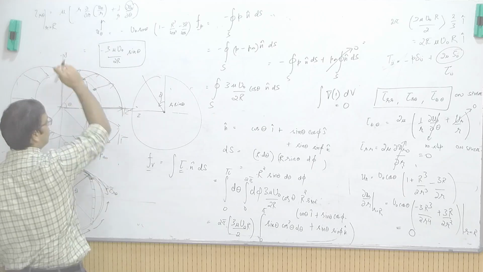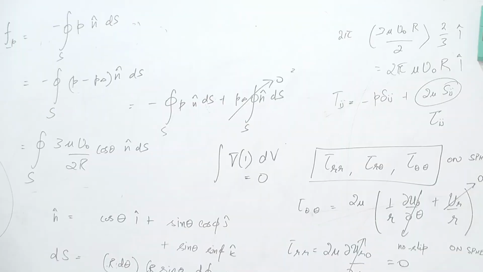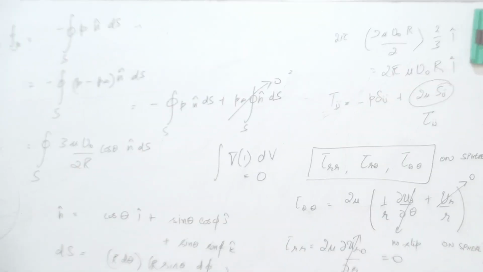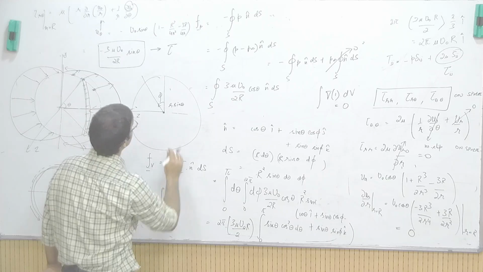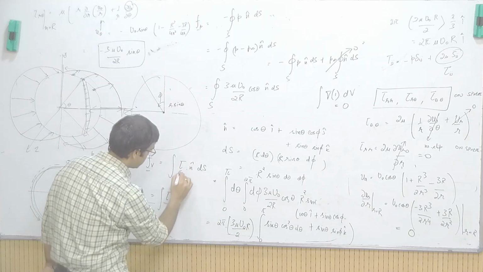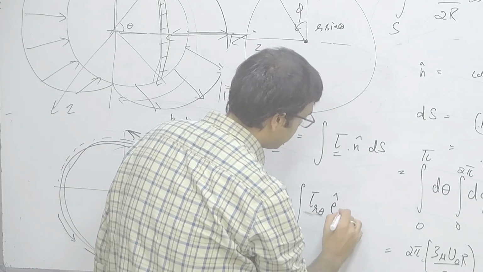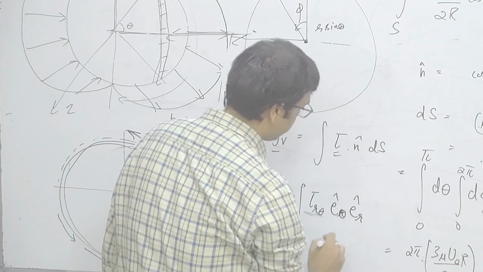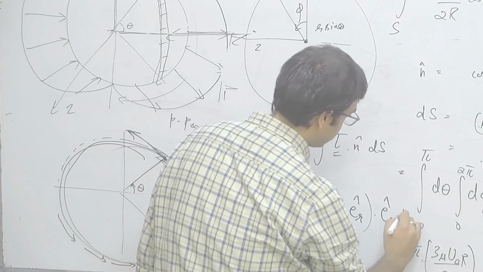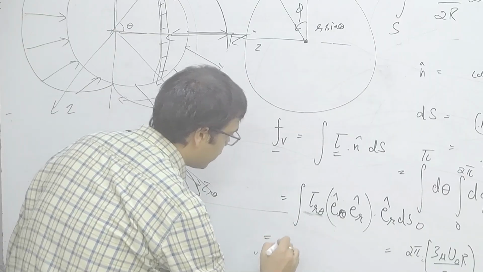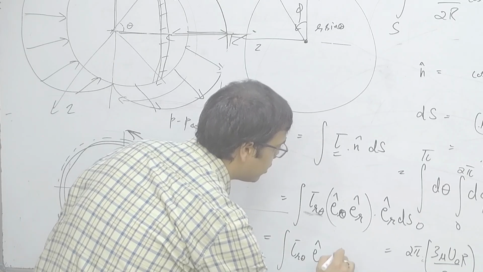And tau r theta, you can write as this. Let me call this tau. So this is the tensor. Tau r theta is simply e hat theta e hat r, and then the n hat is also e hat r. So this is simply ds, and we get tau r theta e hat theta ds.